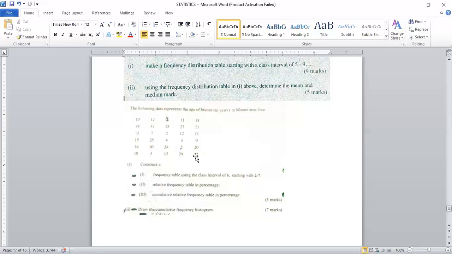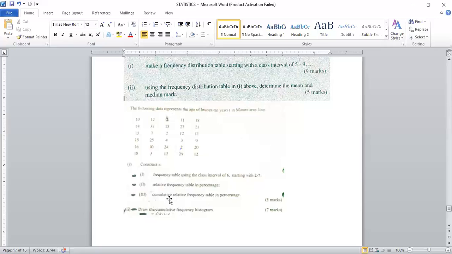If you want to convert that to percentage, what do you do? You multiply by 100. Are we together? So 0.1 times 100 is 10. So that will give you 10 as our first relative frequency in percentage. I will try to do it on paper, and then I will take a photo and post it. You'll be able to see what I mean.